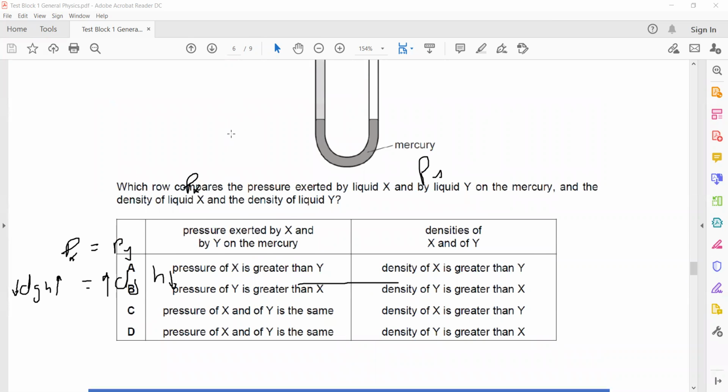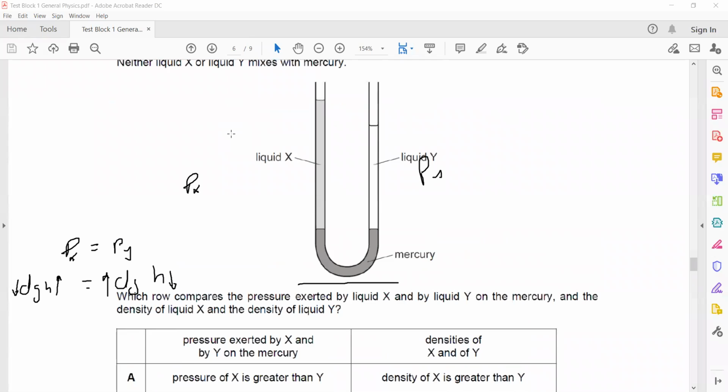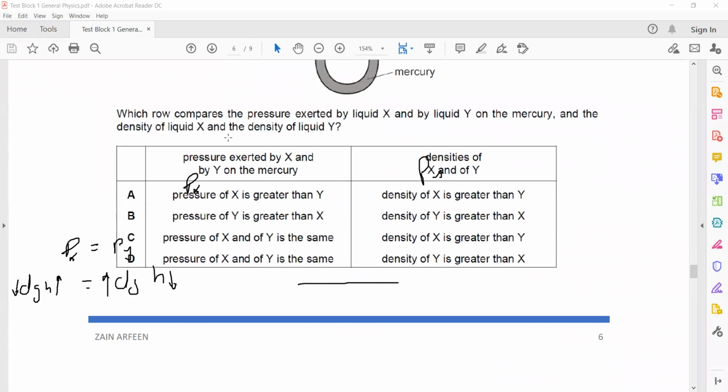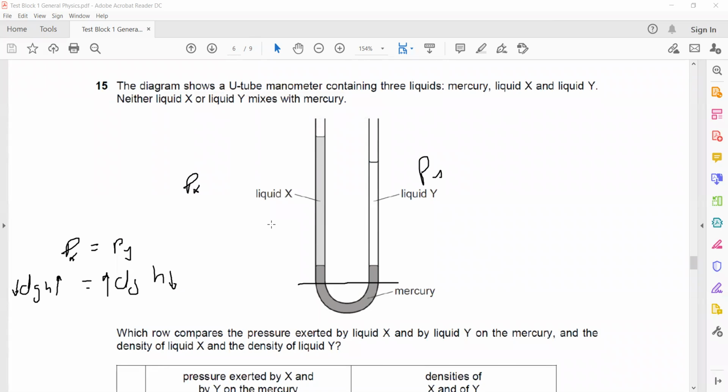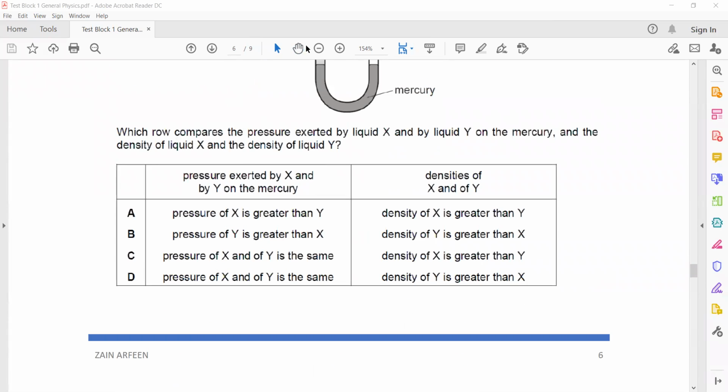Pressure at X is the same as pressure at Y, but the density of Y is greater than the density of X, because we use a less depth, so it should have a higher density to create the same pressure as X. So option D was the right answer.